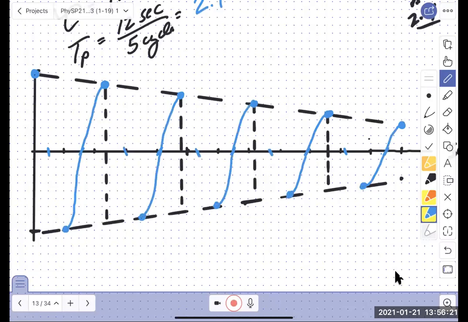It's not so easy for me. Flat, maximum, flat, maximum, flat. Okay. This is all called damping. Maximum, flat, maximum, flat. Okay.